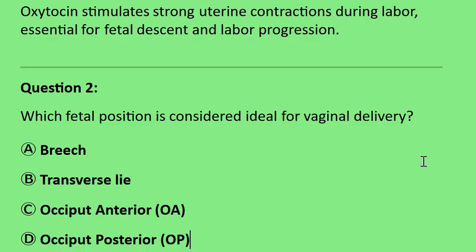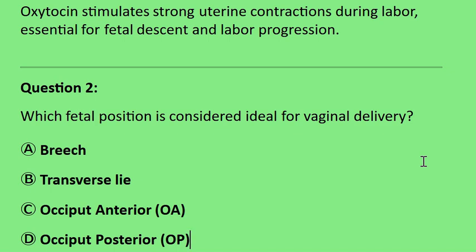Question number 2. Which fetal position is considered ideal for vaginal delivery? Read the 4 options. The tips or strategy is here: read the question, highlight the keywords in the question, and then read the 4 options. Do elimination.